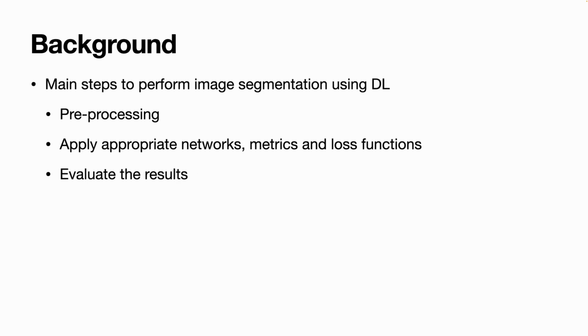Next is the background. Let's take a look at the main steps to accomplish this thesis. First, preprocessing is a step to prepare the input data for the deep learning network in further steps. This would include these tasks: labeling, one-hot encoding, and augmenting images.